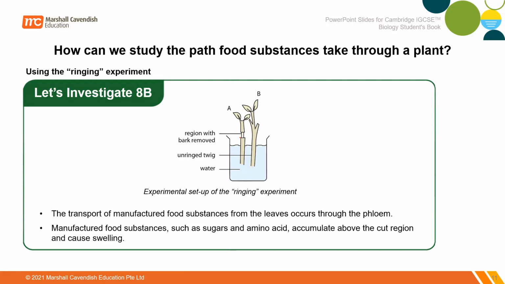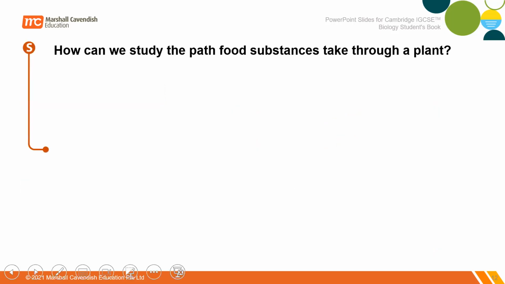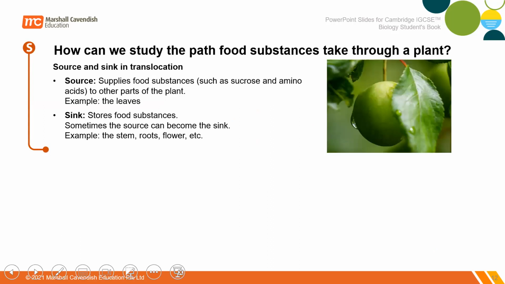So if the source is the leaf, there will be swelling in this area, but materials will not be transported. Okay, so it is very important to know in what area we cut the plant and what type of tissue has been removed in order to answer this question.